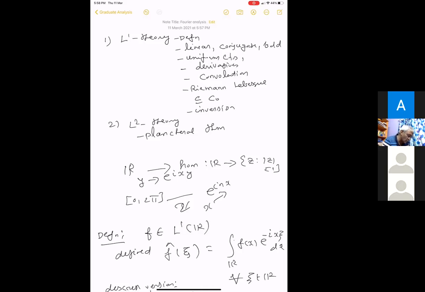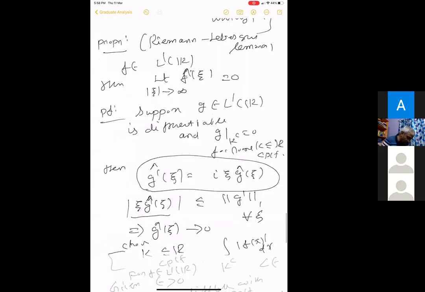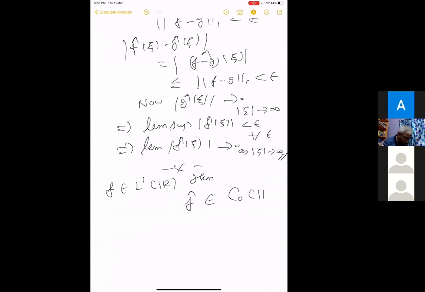Okay. So these things imply the following. Because it vanishes at infinity, what we have got is: f is in L1 of R. Then f hat is a function in C0 of R. We have already proved it's uniformly continuous, it's bounded, and it vanishes at infinity. And this is a Banach space with the infinity norm.